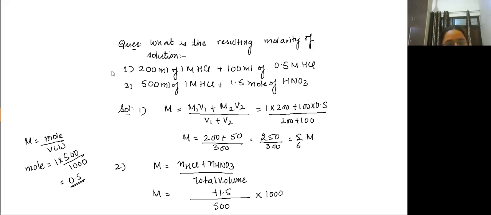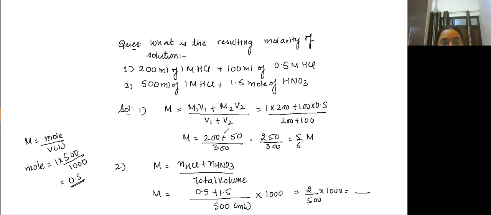Yes, class. So this is 0.5 moles, so the volume should be in ml, and it should be multiplied by 1000. So this is equal to 2 by 500 into 1000. Yes, we should convert into liter.